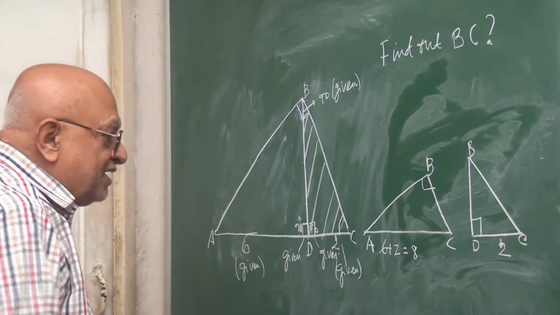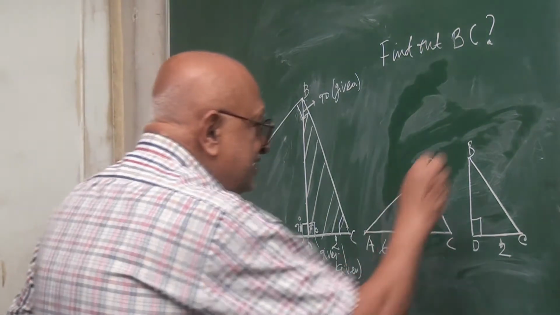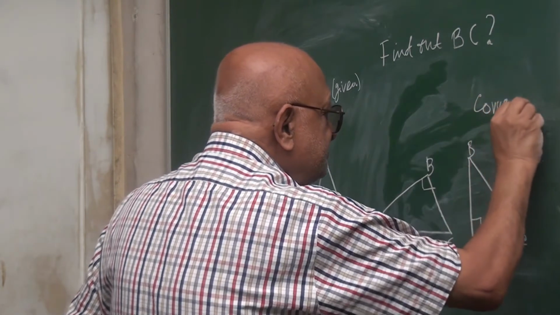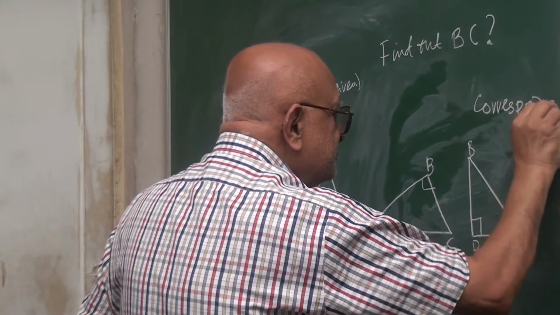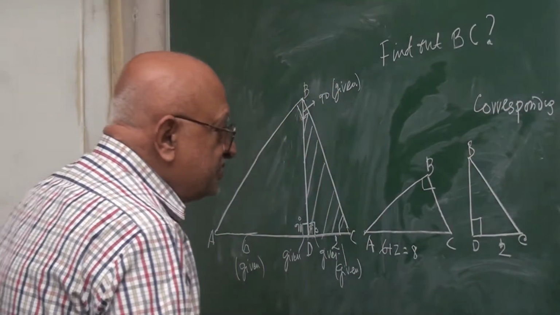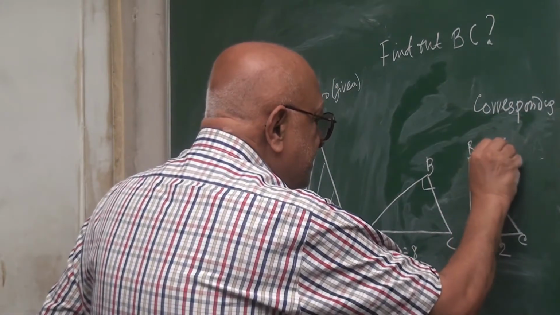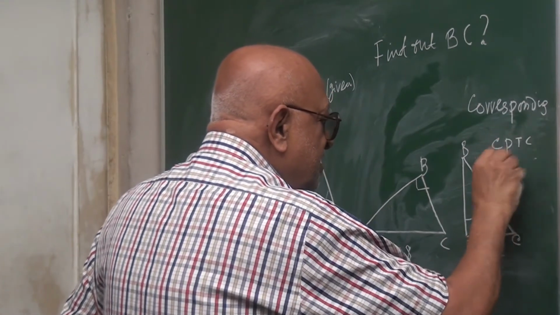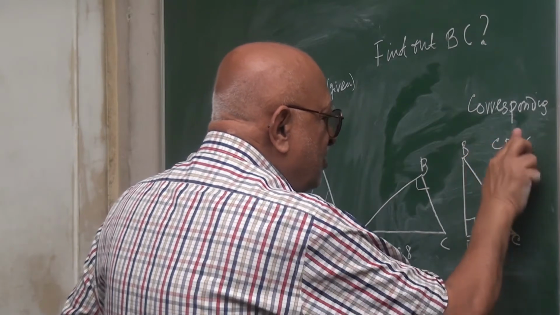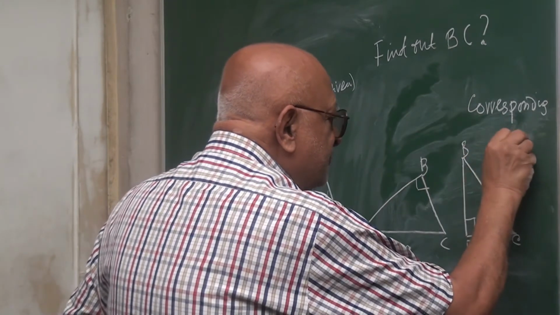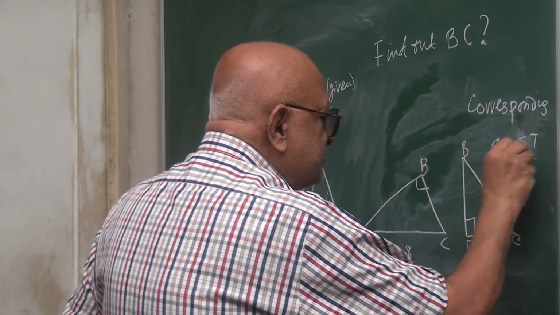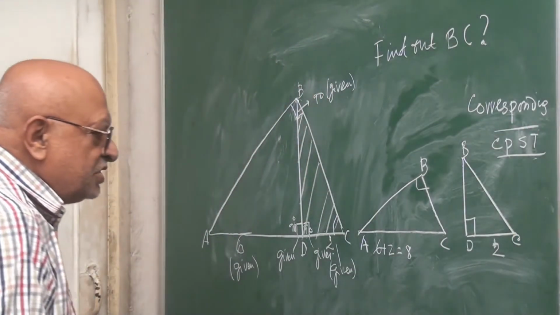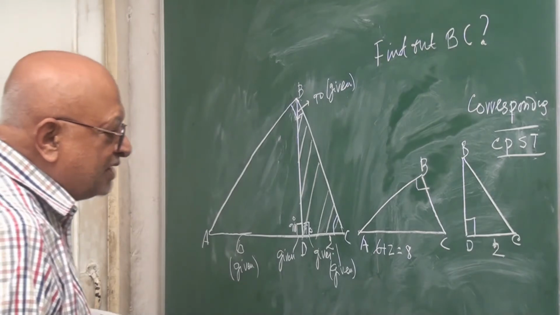Now we have to find the corresponding sides, so that I can take the corresponding parts of similar triangles. I will call it CPST, corresponding parts. So which ones will be the corresponding parts?